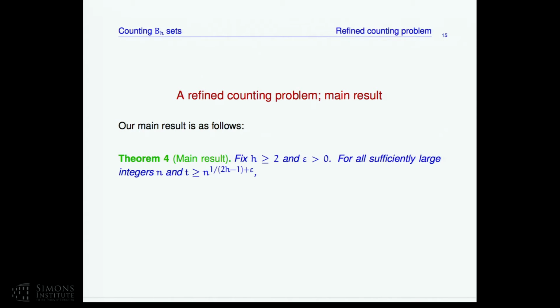But now I'm putting some extra epsilon in the exponent. That's the kind of t we can talk about in this theorem. And the bound is (n over t^(h minus epsilon))^t.